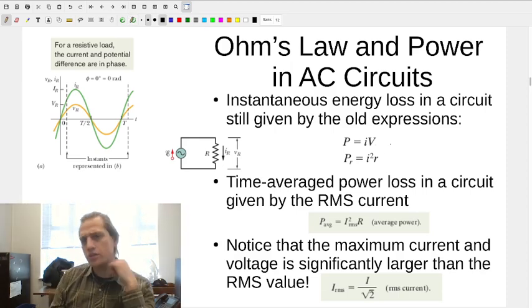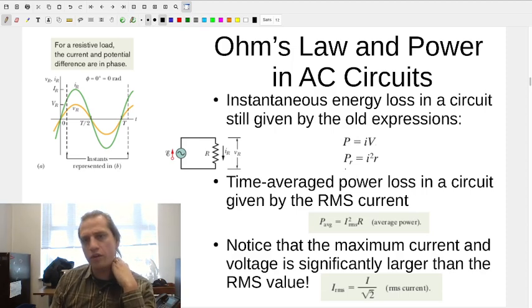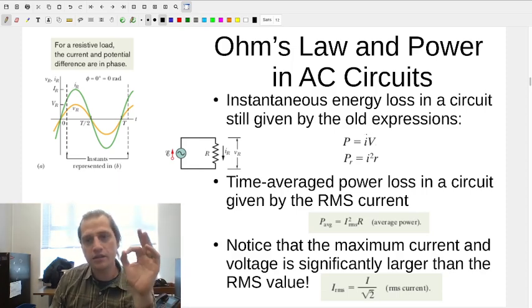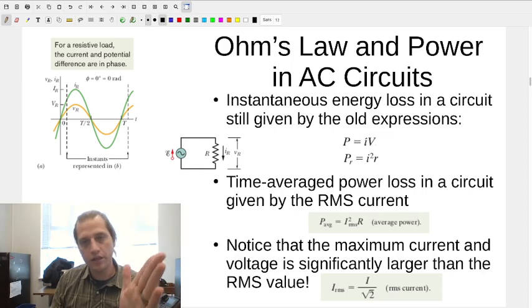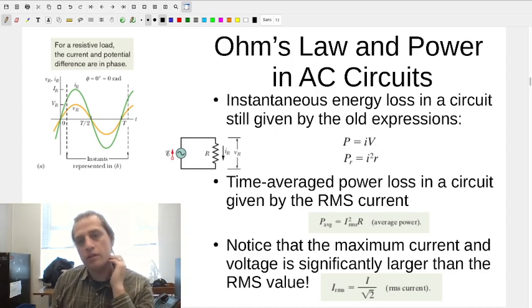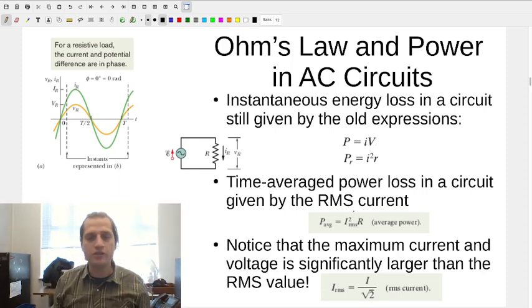Just to reiterate this, the instantaneous power loss over a cycle is going to vary. It's going to be dependent on the instantaneous current. So when the current is big, the power loss in that circuit is big. But it's not very useful for us to think about that power that's changing every second, because this is happening many times a second.